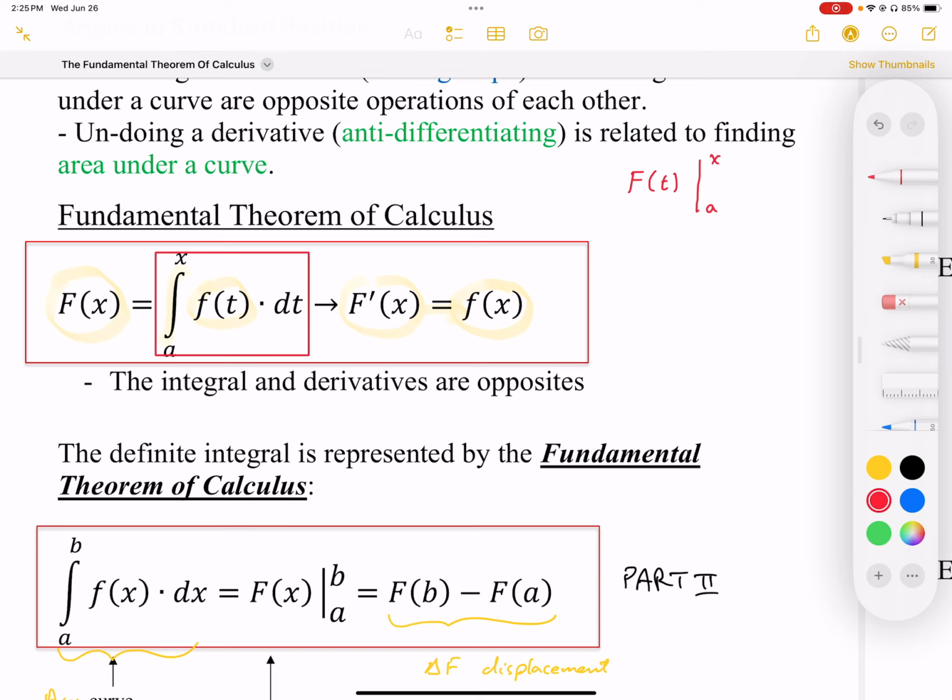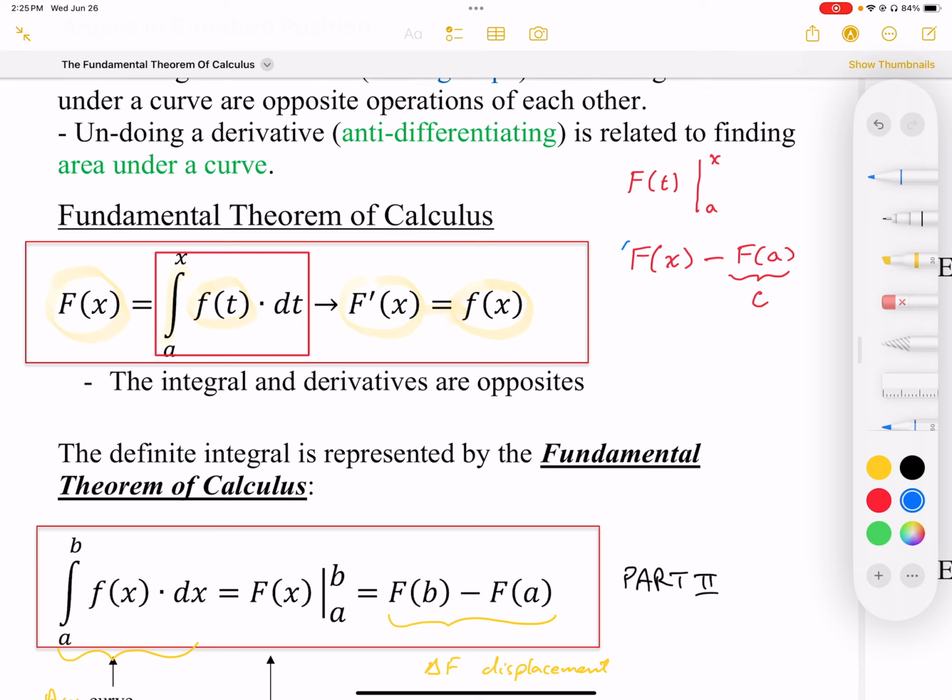So this line represents my bounds. And when I do that, I'm going to find the displacement, big F of x minus big F of a, at some fixed point a. So that fixed point a makes this a constant term. So this is like our plus c in our indefinite integral.